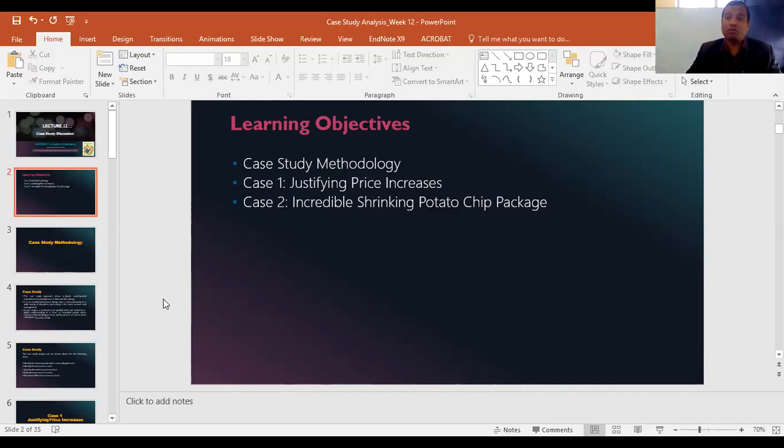There are lots of issues in the marketing mix, also in promotion: to what extent you are ethical in communicating the right or correct thing to the customer. Each and every marketing mix poses some sort of challenges, where the managers or top management have to take into consideration the ethics in business. So through these two important cases, we'll try to capture some aspects of ethics in marketing as well.